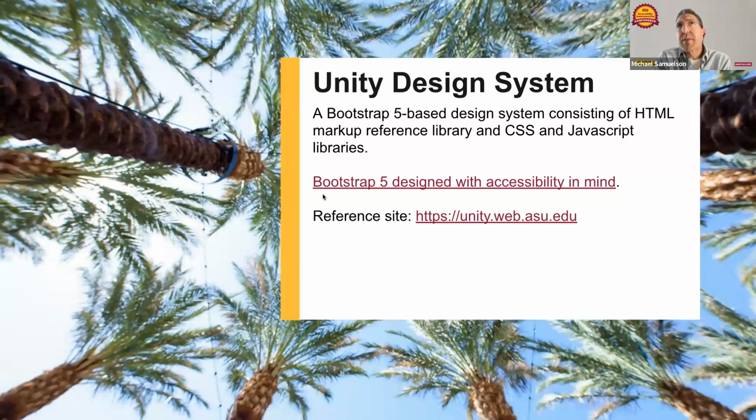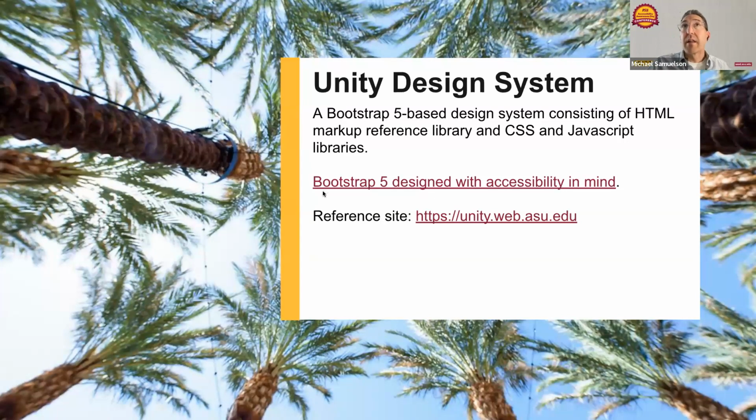So let's start with the Unity design system, right? It is a design system. It's a system that we work on in collaboration with the brand team here at ASU in order to define a library of design components that can be used in ASU's web applications and websites from site to site in order to ensure that we have consistency and, baked into it out of the box, accessibility and a consistent experience.